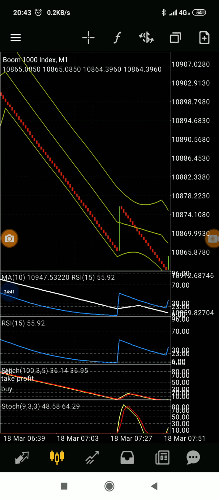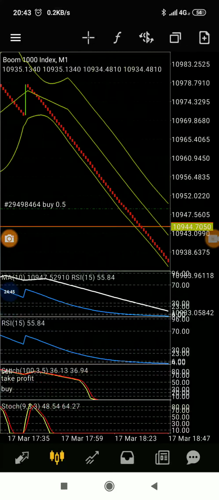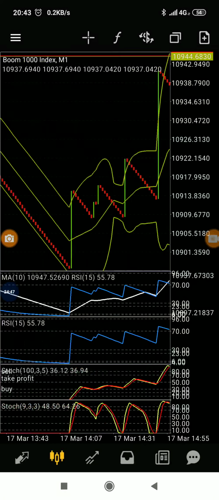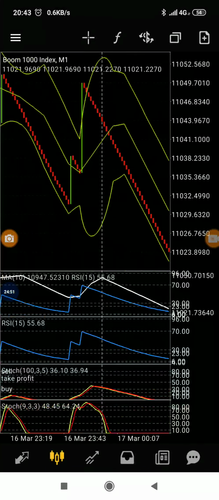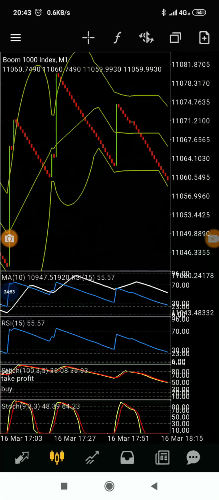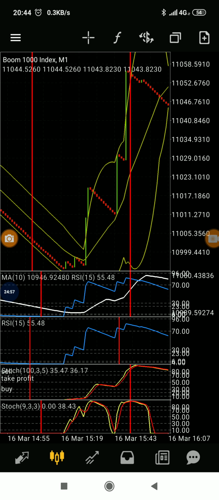Let me look for where I've mapped it. Okay, here it is. You can see here in 1 minute, the RSI is going up, buy.